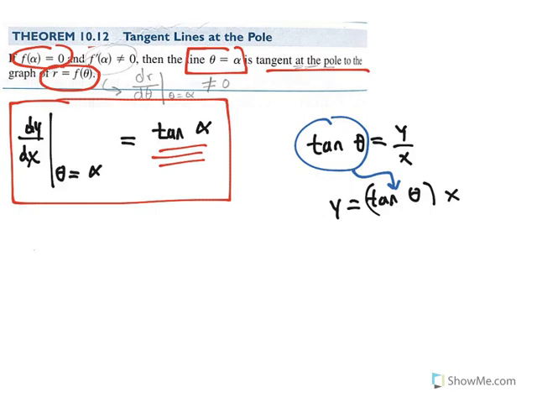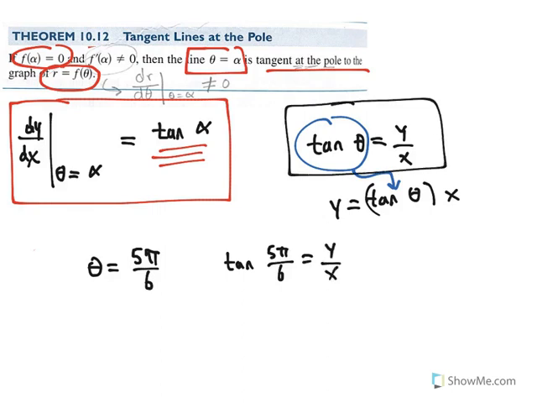So consider the polar equation theta is equal to 5 pi over 6. Now we know tangent of 5 pi over 6 will be equal to y over x from this conversion equation. Tangent of 5 pi over 6 is negative 1 over square root of 3.